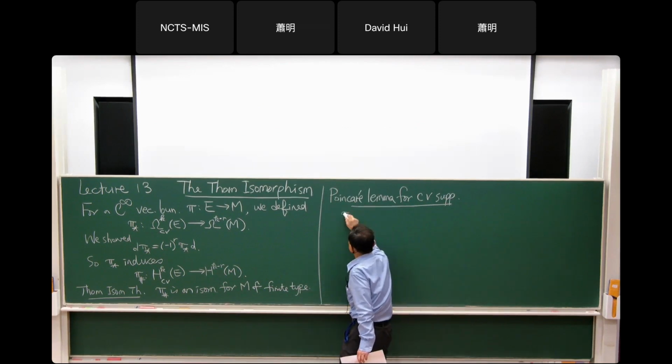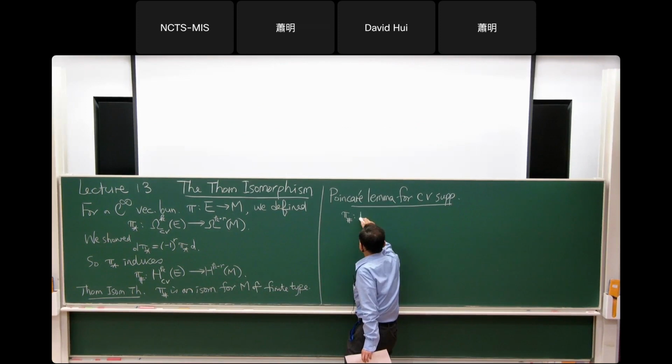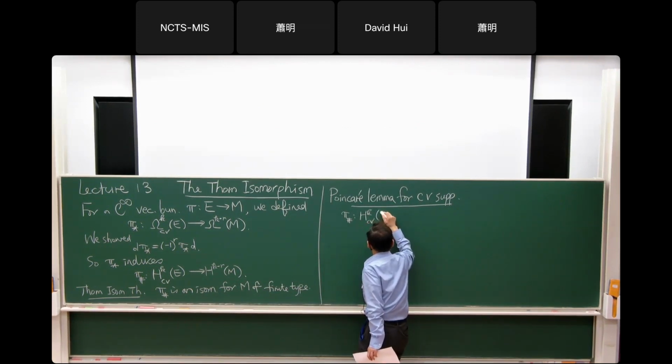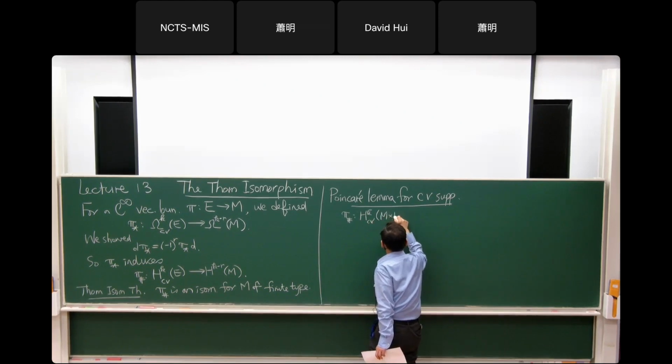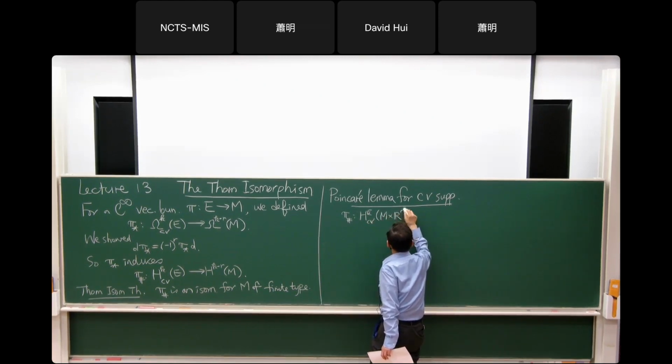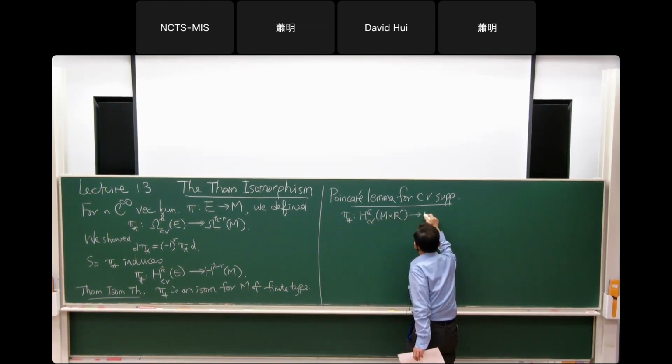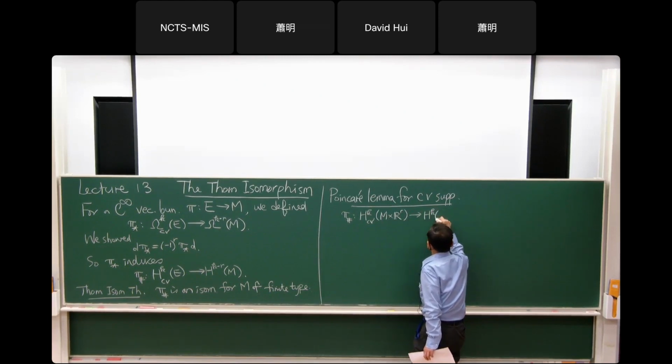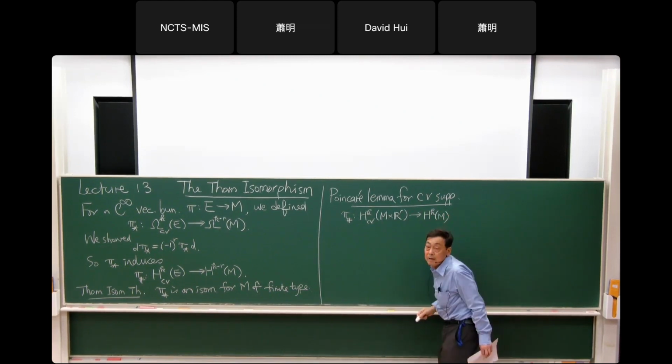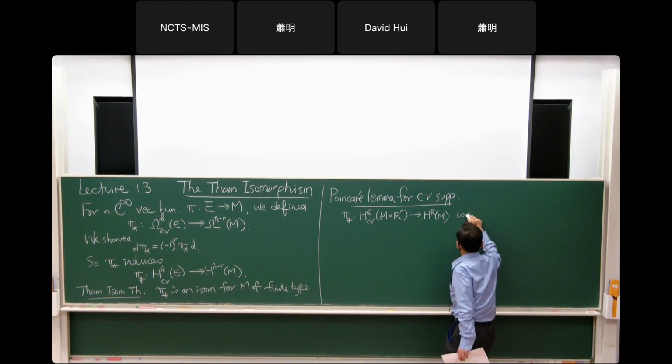And so it says pi lower hatch from the cohomology with compact vertical support of a product bundle to the cohomology of M is an isomorphism.